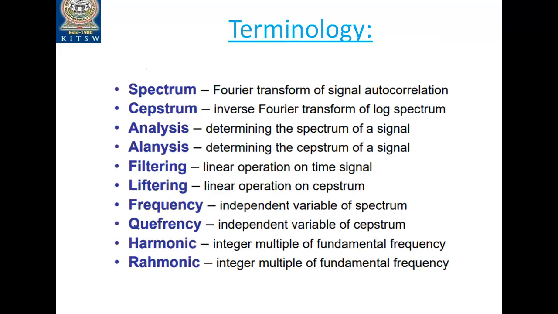Alright, so this is a terminology that we have already seen. The spectrum is the Fourier transform of the signal autocorrelation, but the cepstrum is the inverse Fourier transform of the logarithm of the spectrum.